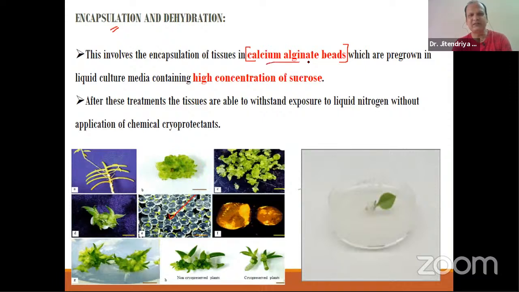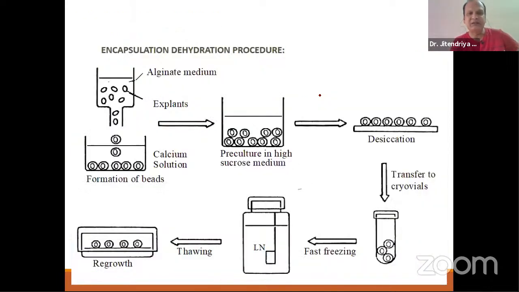Calcium alginate beads can be prepared in a high concentration of sucrose, which acts as an osmolyte. Then the plant material is very likely to be preserved inside the encapsulated material. This is the encapsulation method we discussed yesterday. Once encapsulation occurs, let us discuss the further steps in the next part.